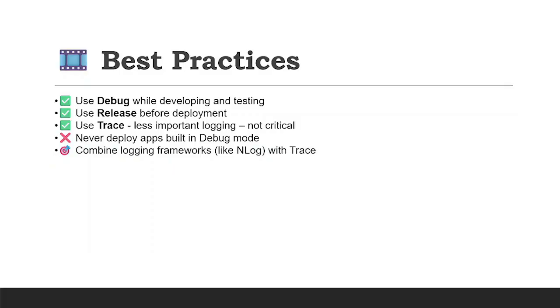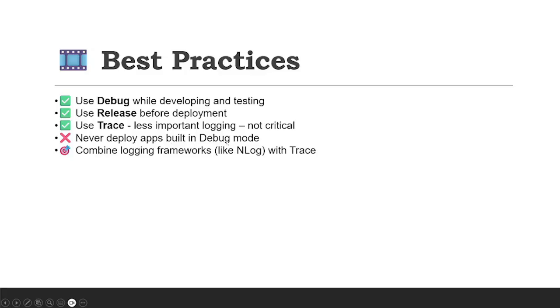Okay, best practice summary. It's a kind of summary of what we saw in the earlier slides. Best practices are: use debug while developing and testing, which we already studied. Use release before deployment. Use trace for less important logging, not critical ones. If the logging is not that important, we will use trace. Never deploy apps built in debug mode.